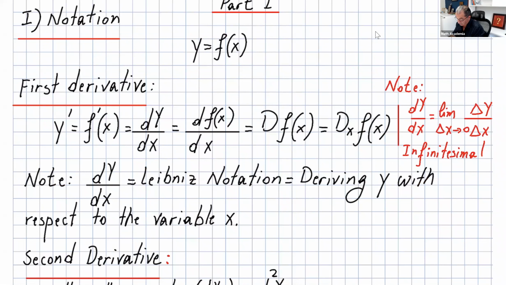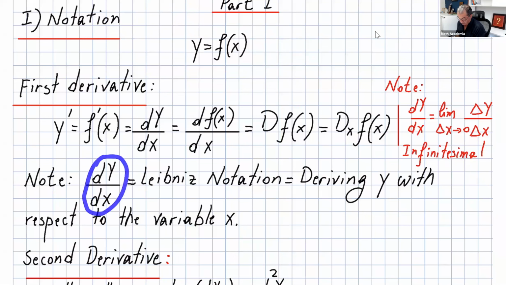And sometimes you might see this notation, d f of x or d sub x f of x. These are just operators. The meaning of those is to find the derivative of y or f of x with respect to x.